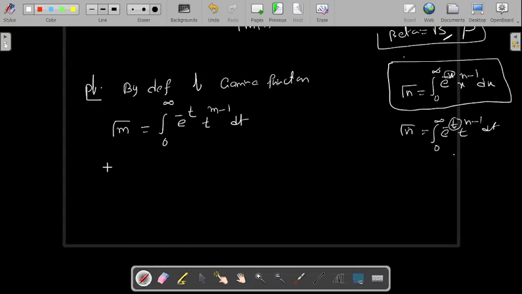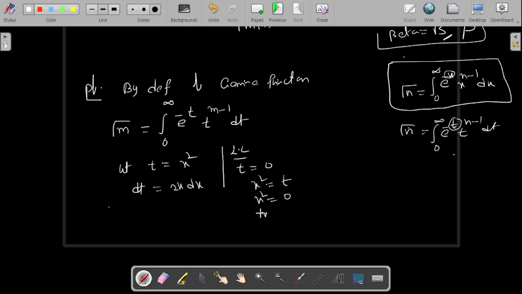Now in this, let t equal to x square. When you take t equal to x square, dt equals 2x dx. Now the lower limit: t equal to 0, so x square equals 0, x equals 0.